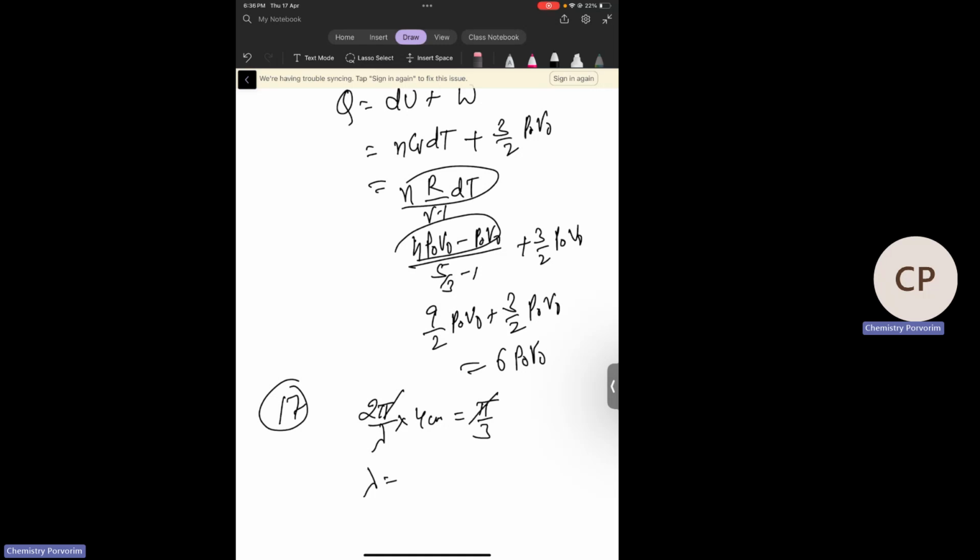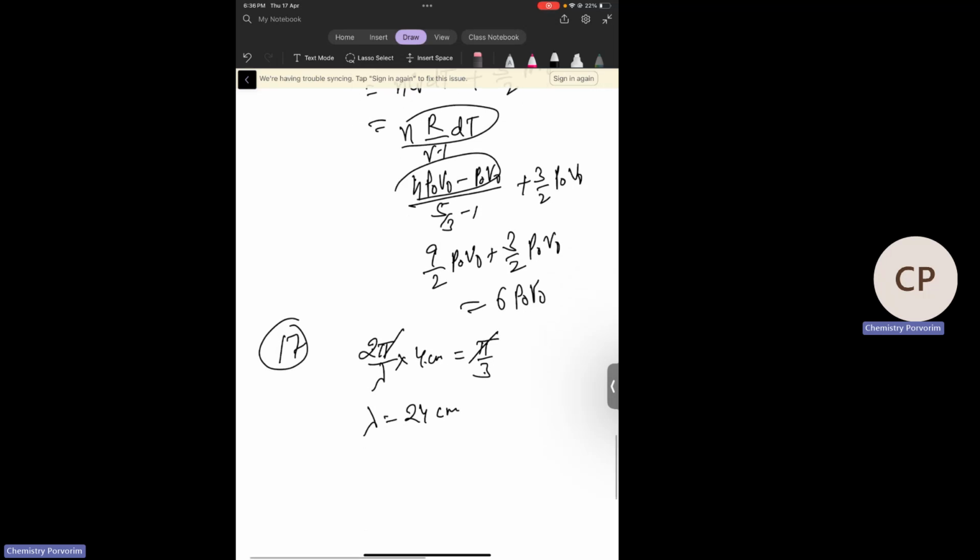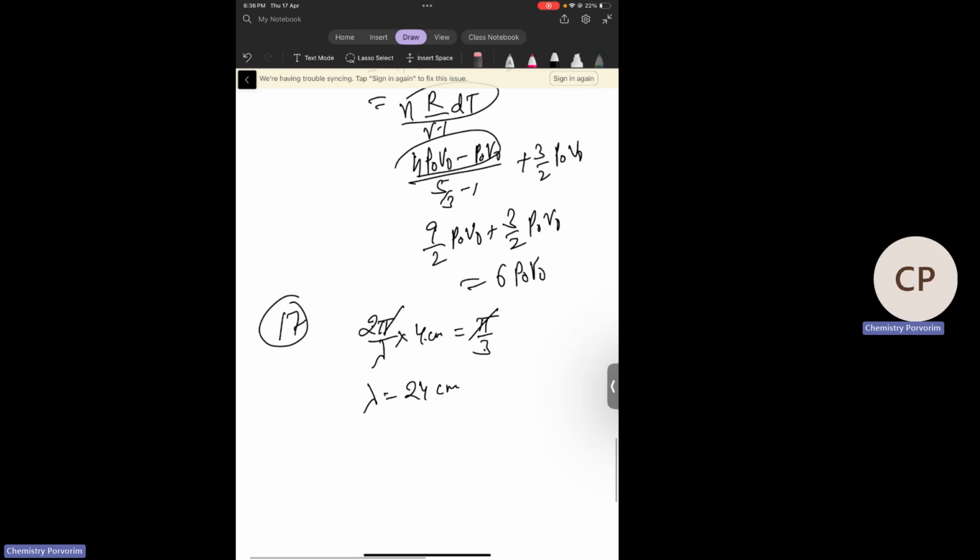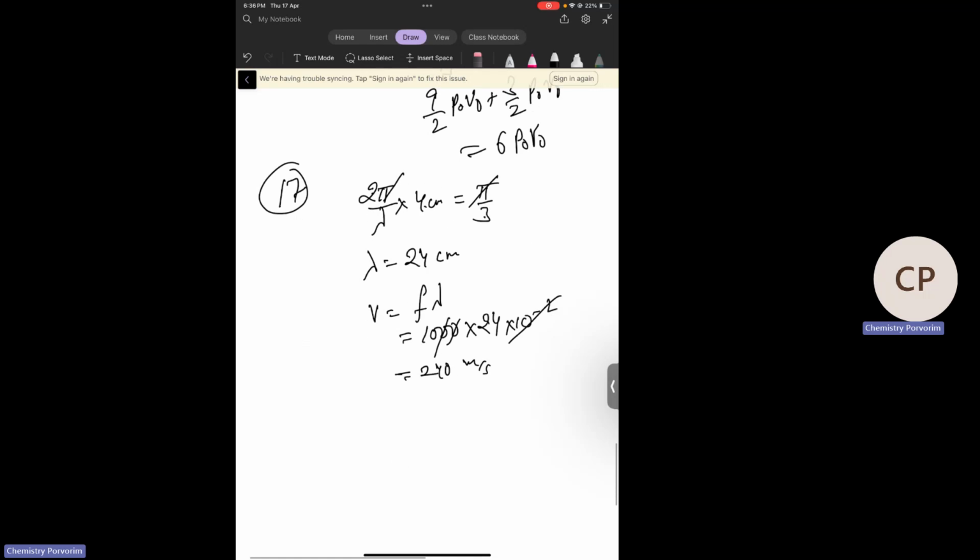So lambda is equal to 6 into 4, 24 cm. Speed V is equal to lambda by T, that is f lambda. f is 1000. Lambda is 24 centimeter. So 240 meter per second. 18.